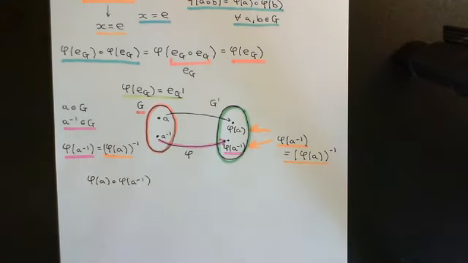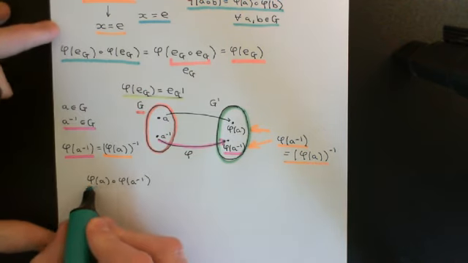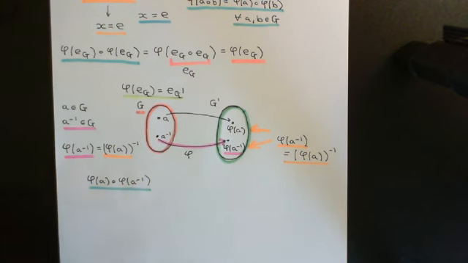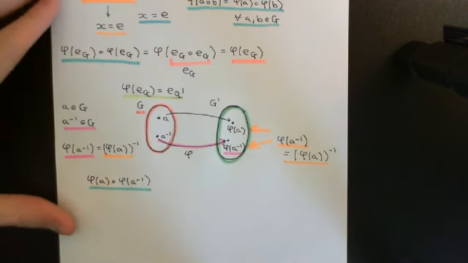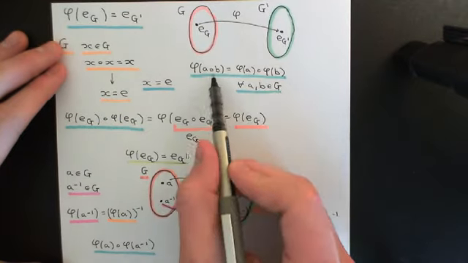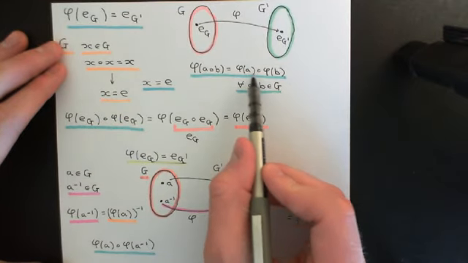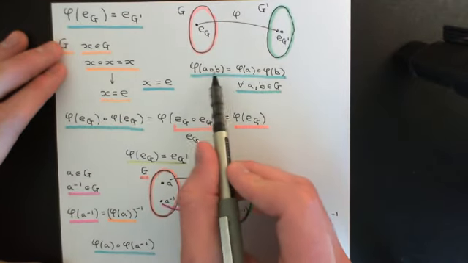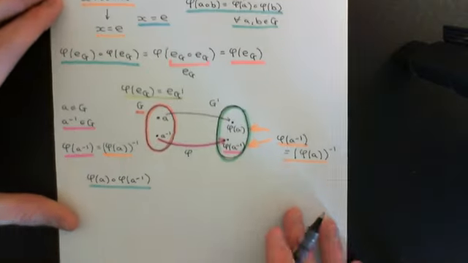Because that's what they need to compose to give if they're going to be each other's inverse in this codomain group. Once again, there's only one thing I can use here, which is the property of homomorphisms, used in reverse. I'm starting off with the right-hand side and I need to turn it into a left-hand side.